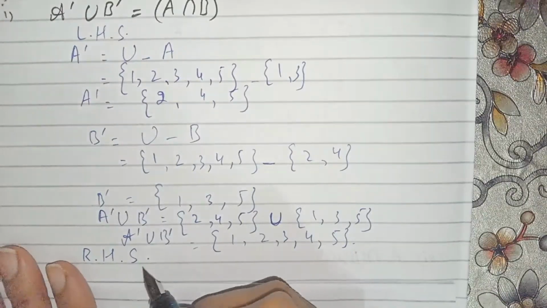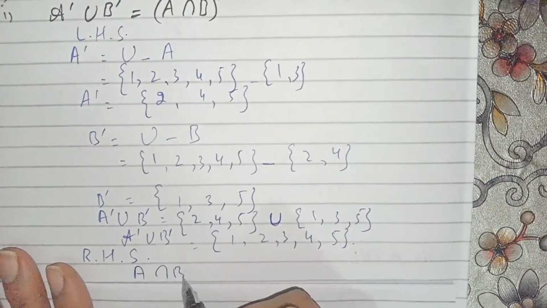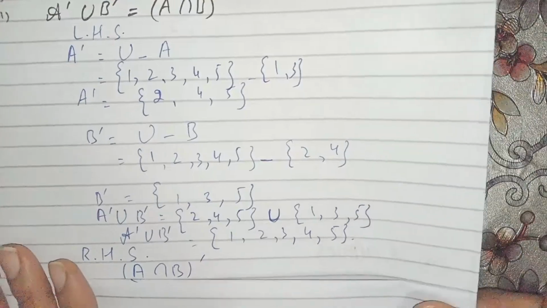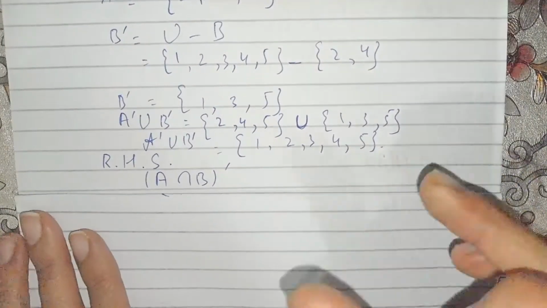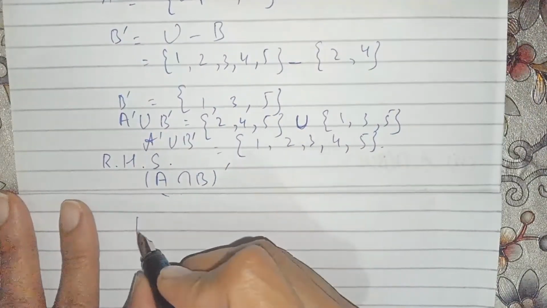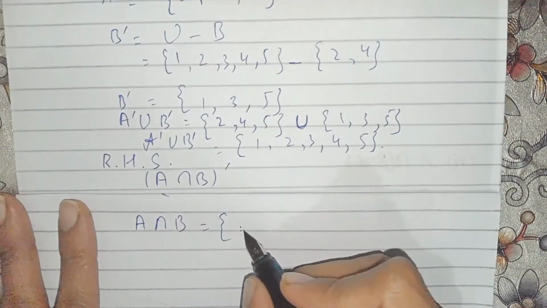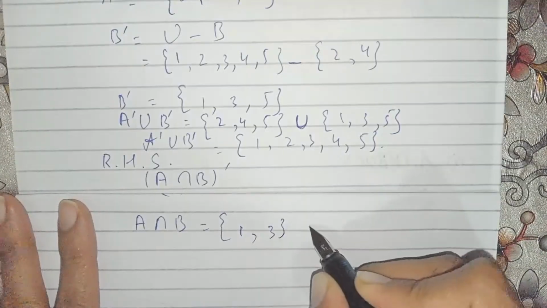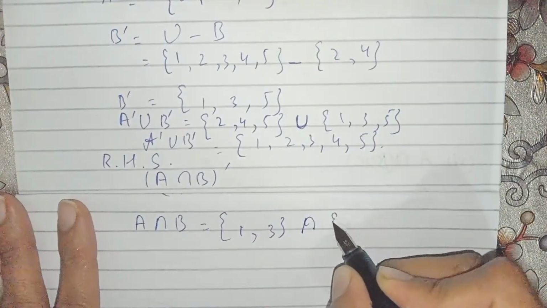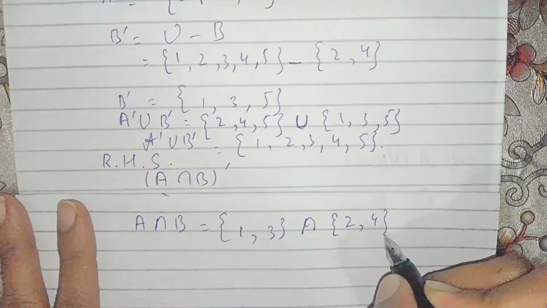Right hand side is A intersection B complement. Now we have to first take the intersection of A and B. A intersection B, A is 1 and 3 and B is 2 and 4.